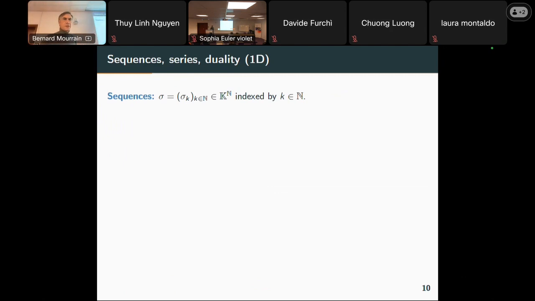So we are now in 1D, one dimension, one variable. We look at a sequence of values, sigma 0, sigma 1, sigma 2, and so on. So these are sequences of numbers. So they are elements in K to the N, infinitely many values.